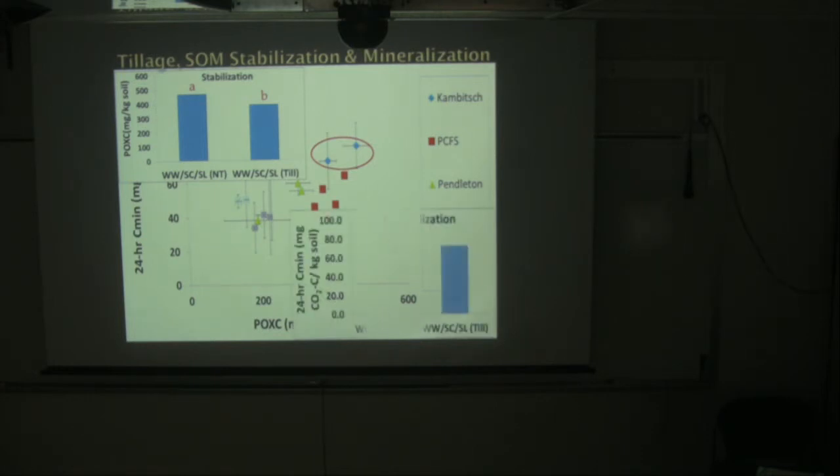That's what we hope for. And then mineralization: no-till versus till has not had a significant effect on mineralization. There is some noise in the 24-hour carbon mineralization data, making it a little bit more difficult to detect differences.